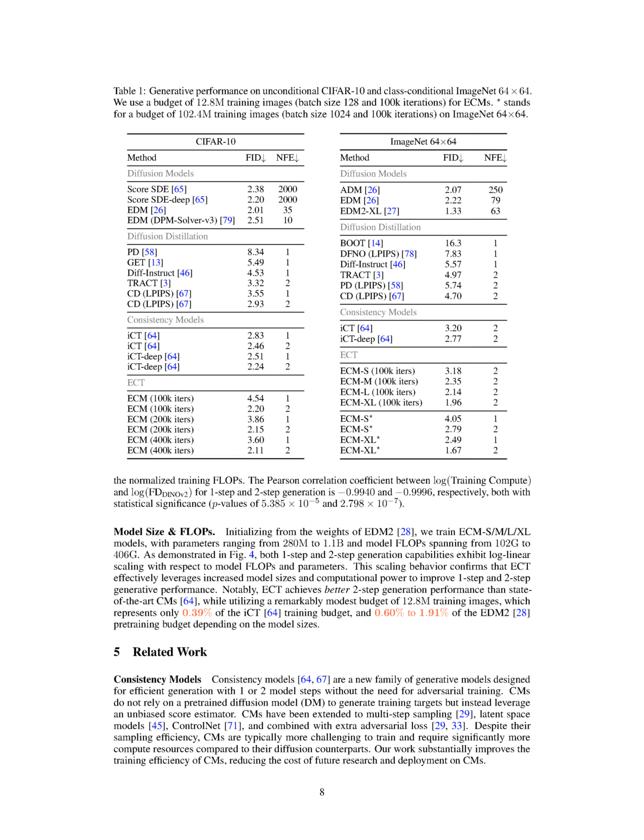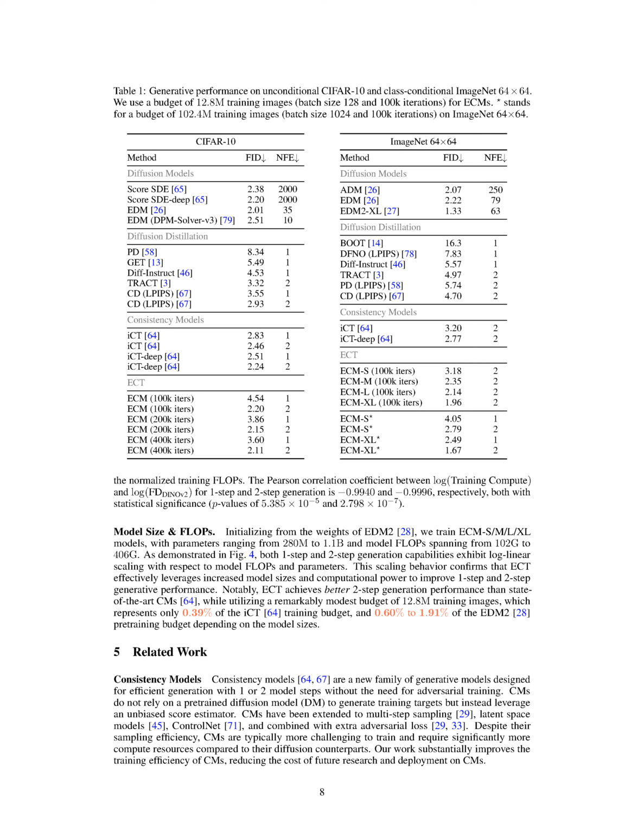Section Summary. In this section, we conduct experiments to assess the efficiency and scalability of ECT on CIFAR10 and ImageNet 64x64 datasets, using metrics like FID and NFEs. We compare ECT with various training schemes, diffusion models, and diffusion distillation methods, showing that ECT outperforms existing approaches in terms of sample quality and training costs.